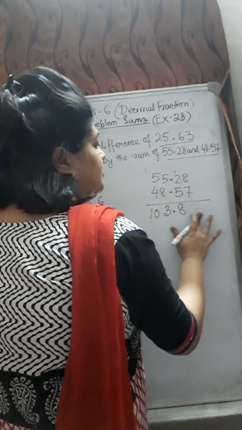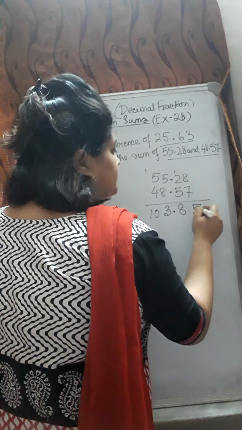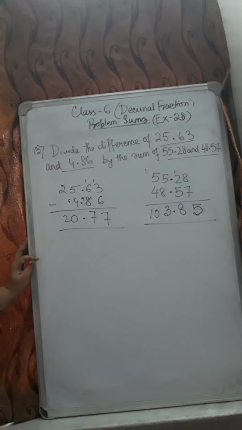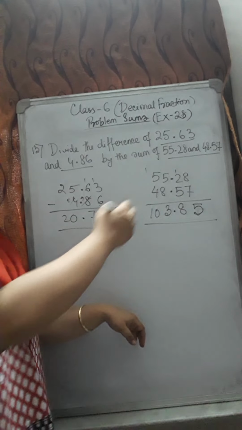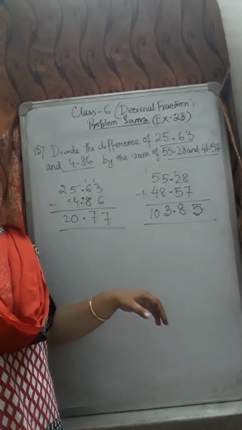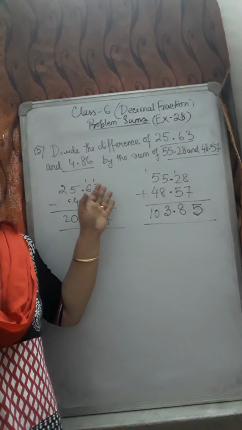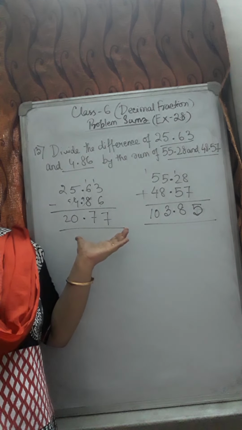Sorry, this is 8 plus 8, 6, this is 8 plus 7, 15. So, 55.28 plus 48.57. So, here you have to add, and in the earlier part you had to subtract the two numbers.